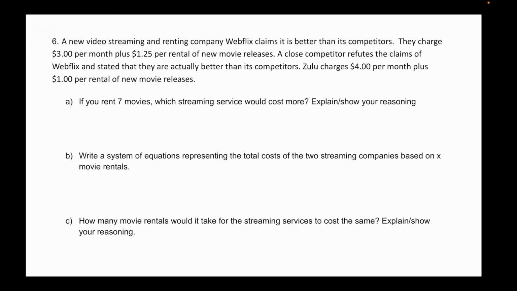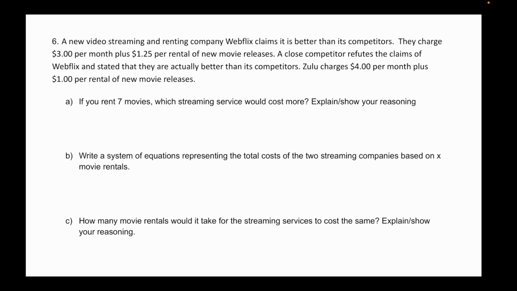So let's write some... I don't know, if we rent 7 movies. I'm getting ahead of myself, because writing equations, that's for the next part. So let's do Webflix in red, and we'll do Zulu in blue.